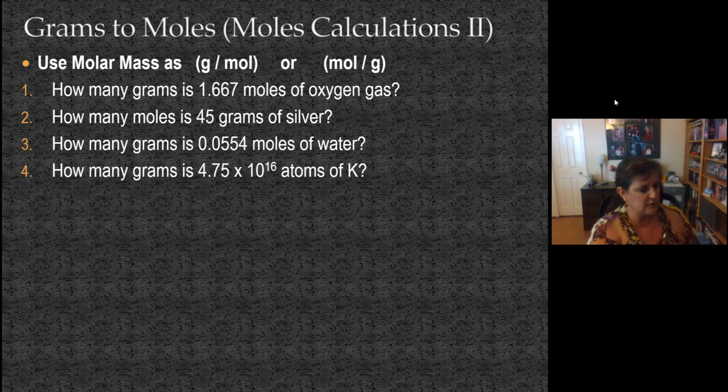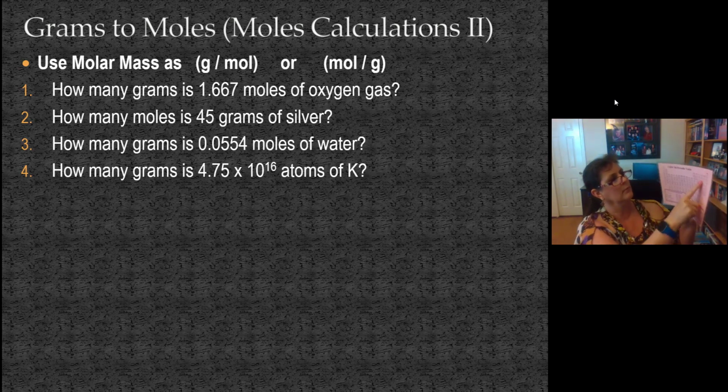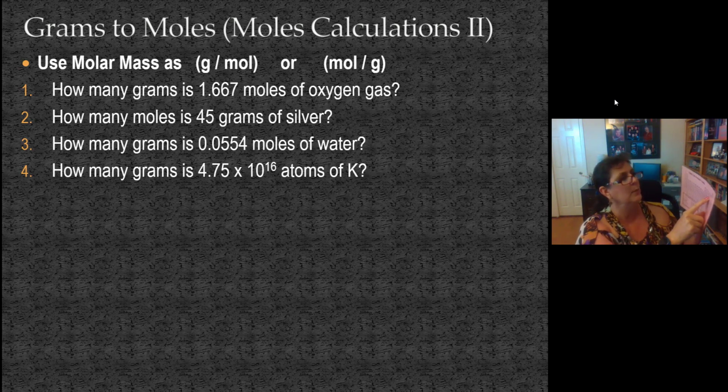We need the molar mass of oxygen. Well, let's find oxygen. Oxygen is 16.00, but that's for 1. O2 is oxygen gas. That's 2 of them. So we need 2 times 16.00, which is 32.00 grams per mole.